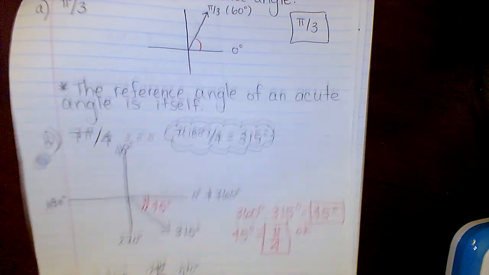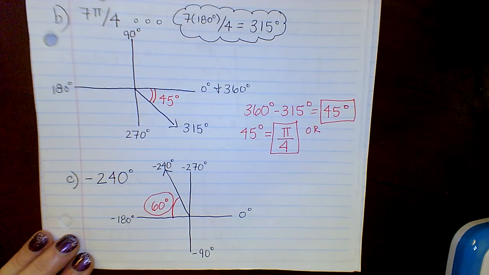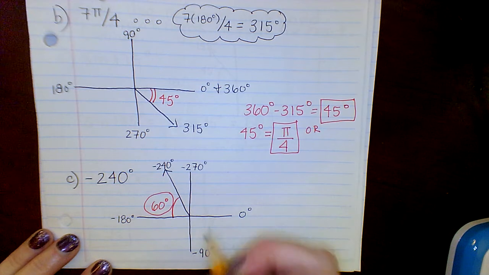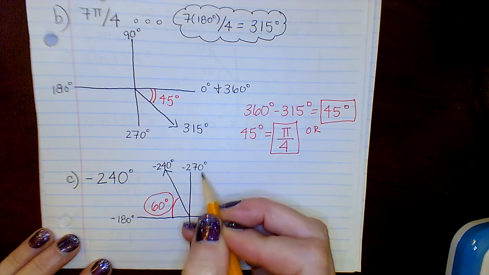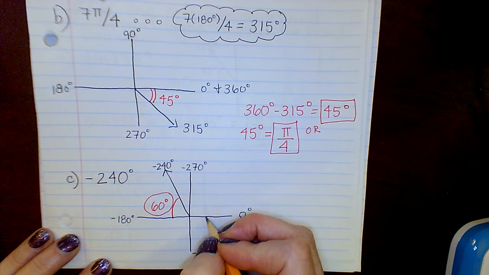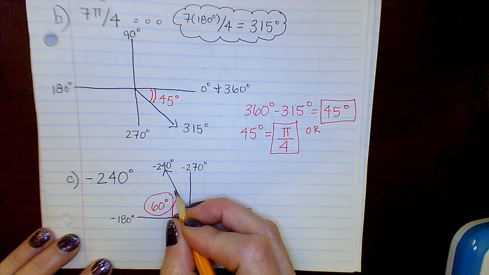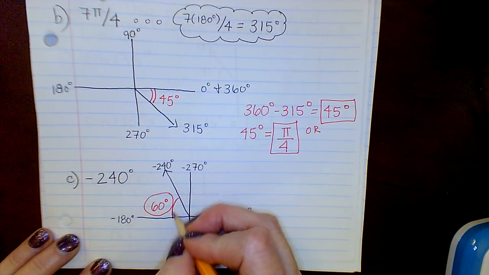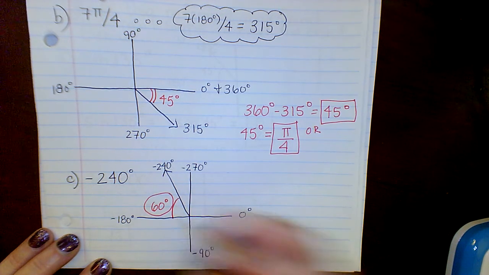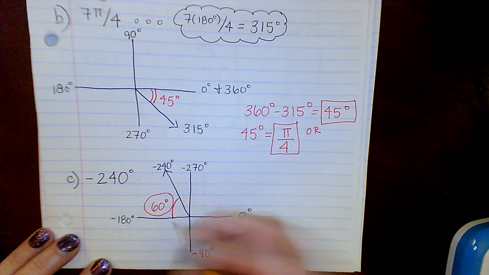Negative 240 degrees. Now remember, it's negative, so it's going to be measured in this clockwise direction. So negative 240 is going to be right here in quadrant 2. Its closest x-axis is that negative one.